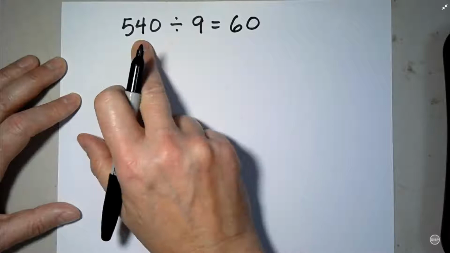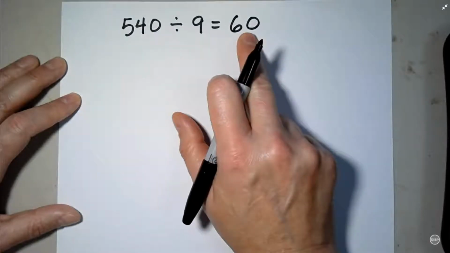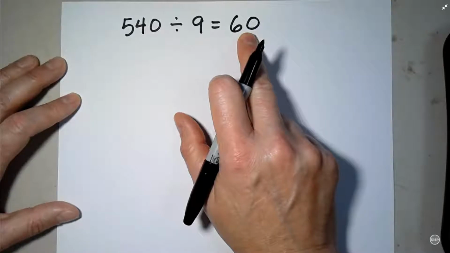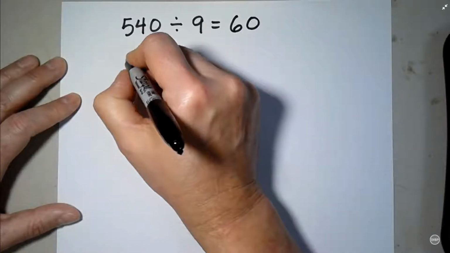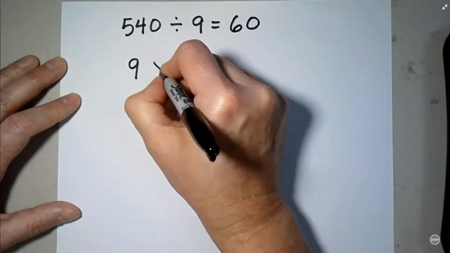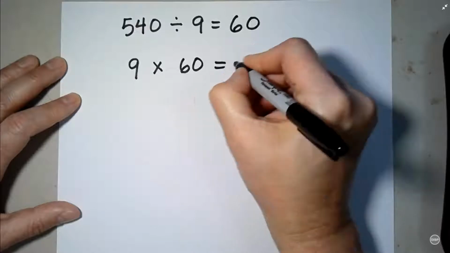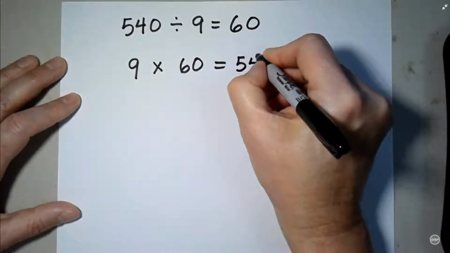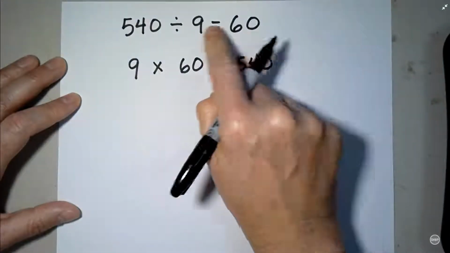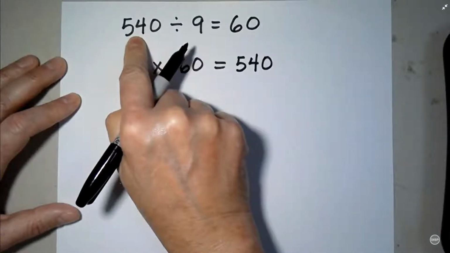So how many groups of 9 go into 540, and that will tell me how many bags are in each box. But we also should understand that when we get our answer, that 9 times 60, these two numbers will multiply together to give us our dividend.